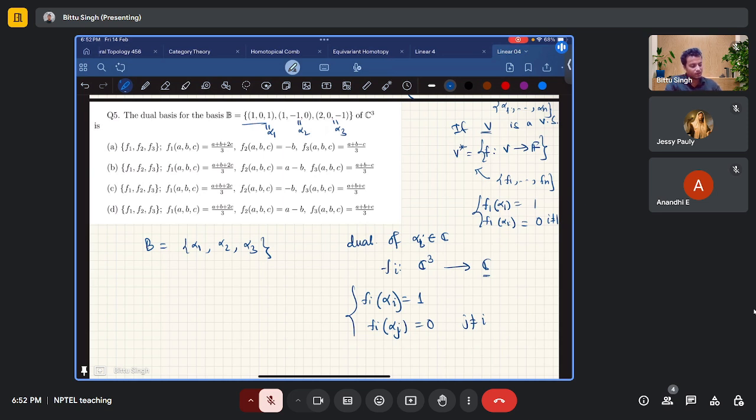So those are linear functionals. Now the question is, what are f1, f2, f3?